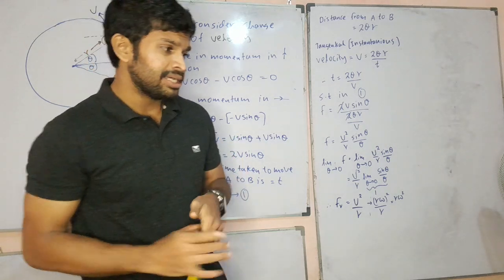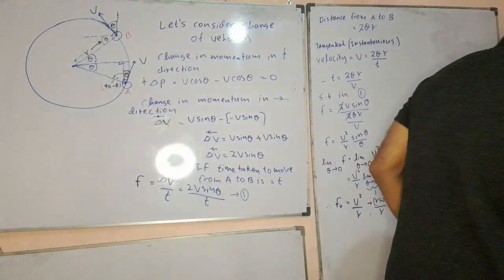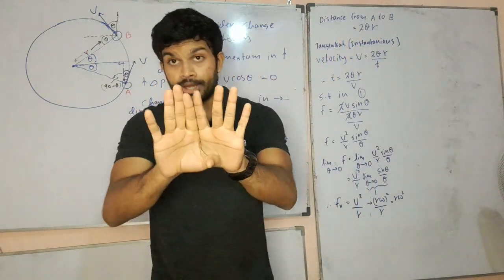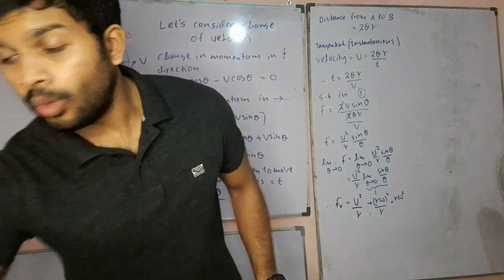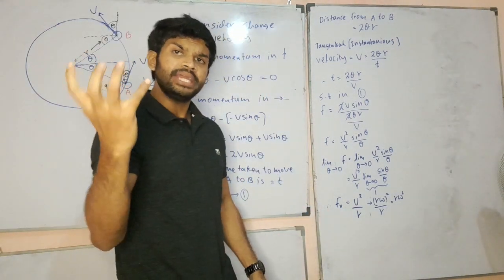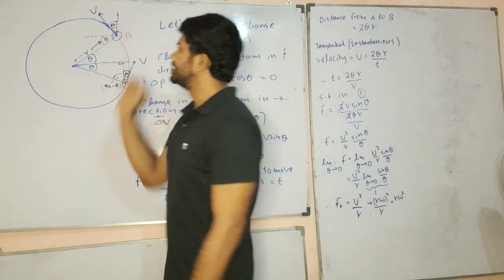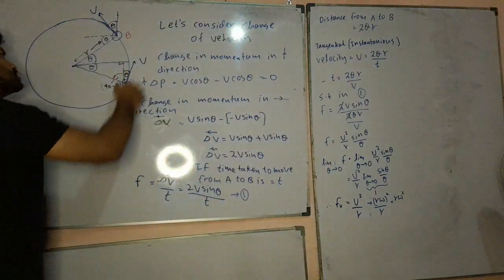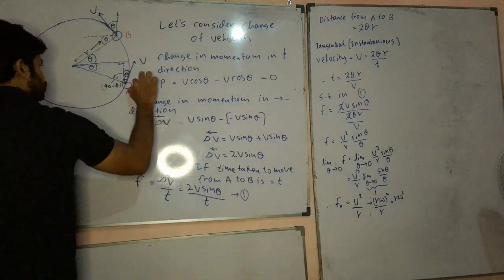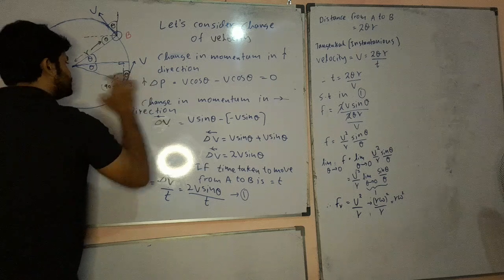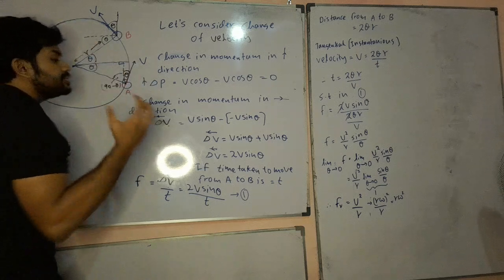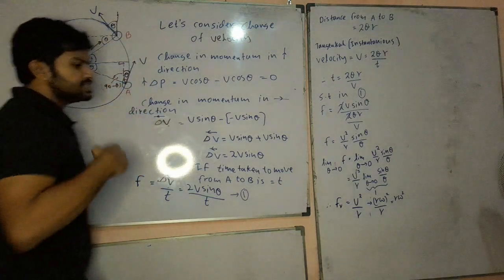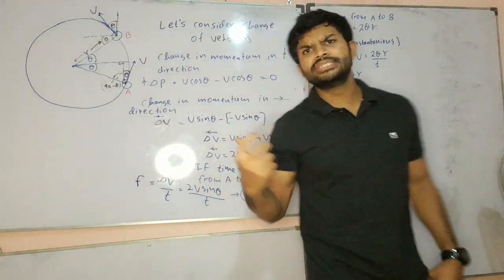Listen to me carefully. This is my object here, and I try my best to illustrate the motion of this one. Imagine for a moment that the speed of this object is constant.